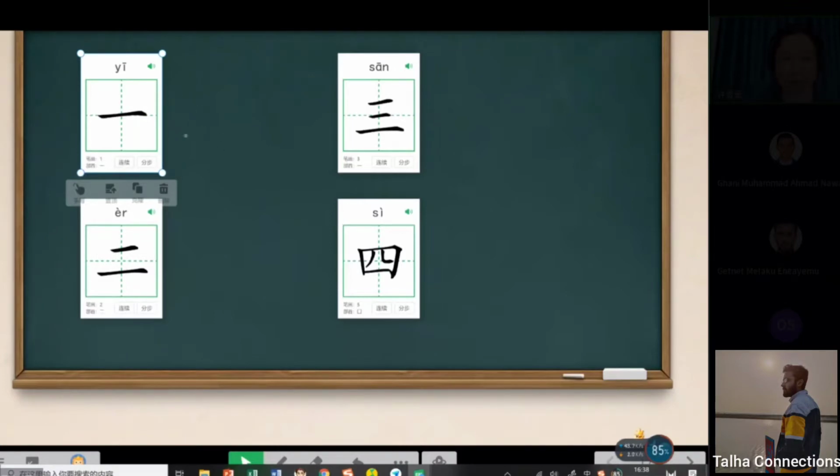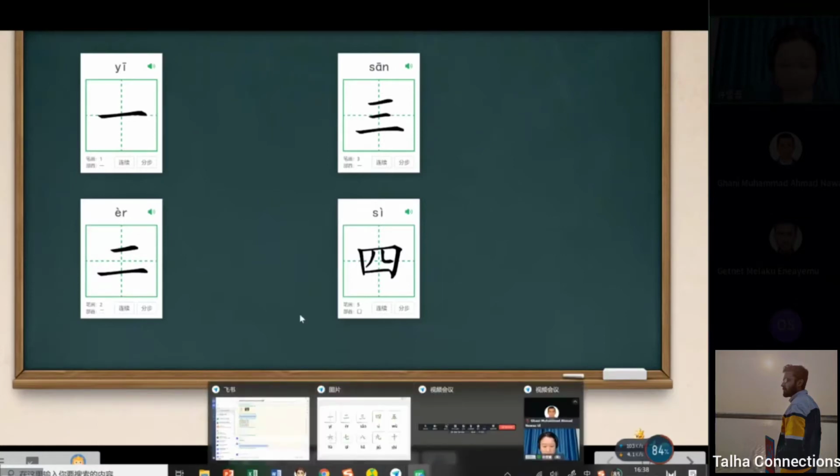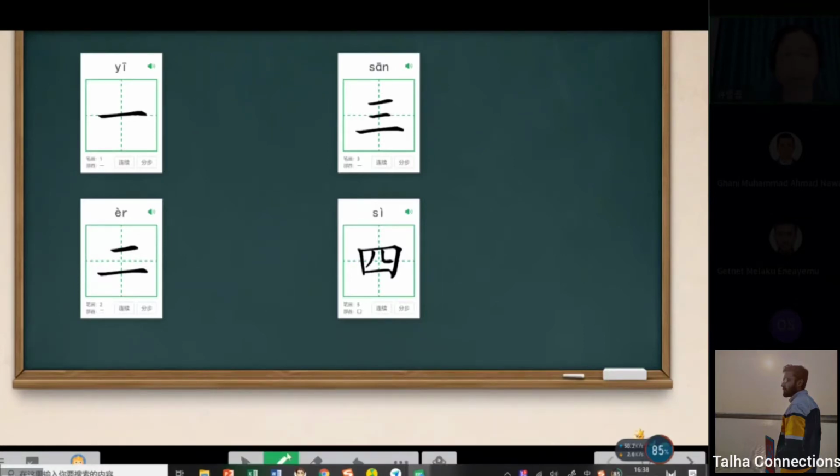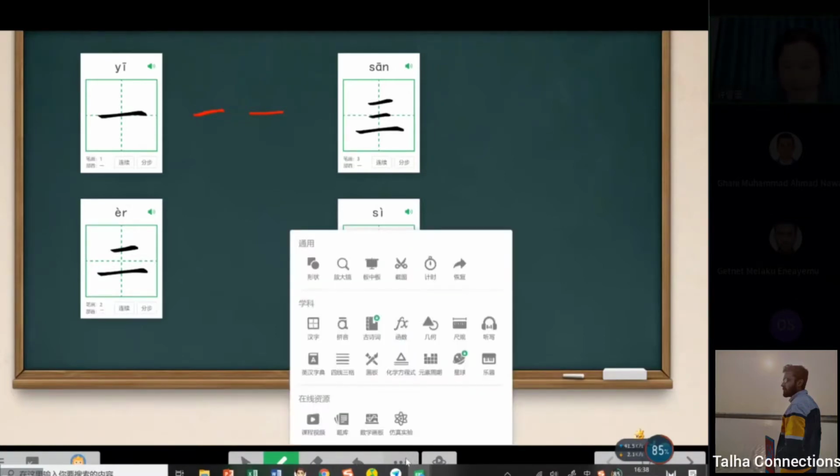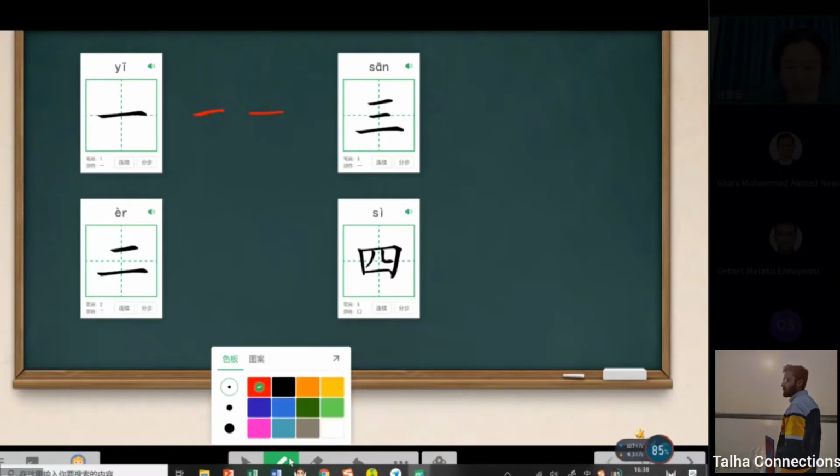So I would like to write it. Something wrong with my pen. What's wrong? Okay. From left to right, almost horizontal. I don't want this color.